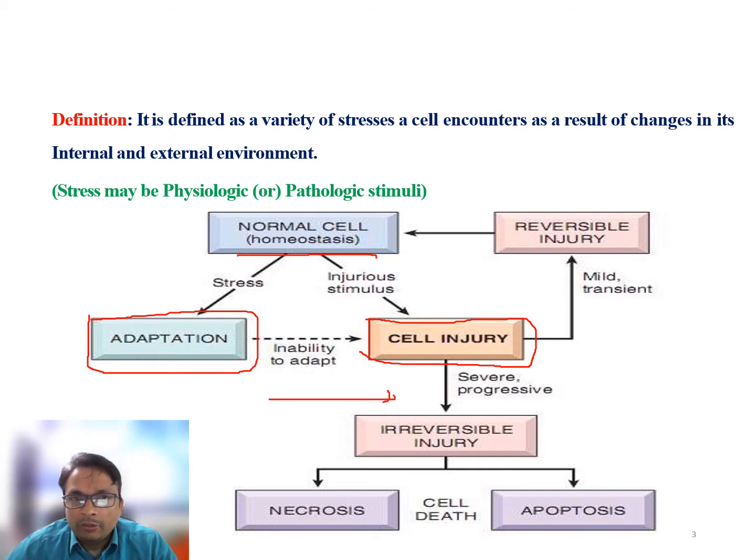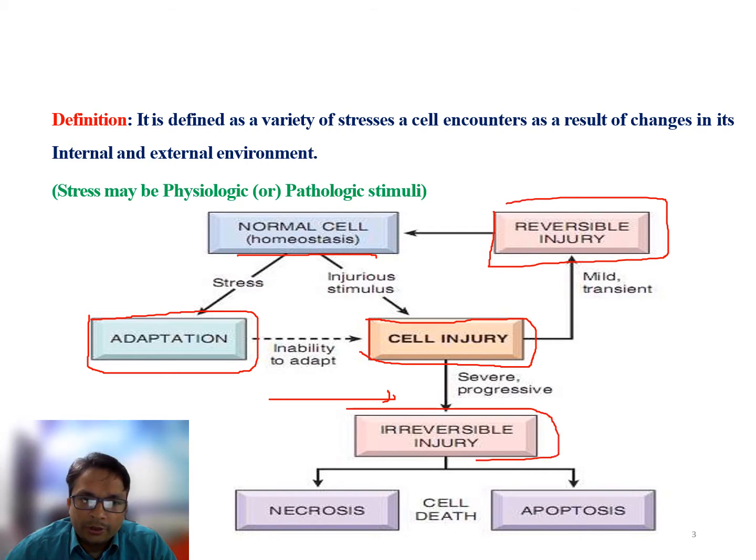Now, talking about the cellular injury, which we are going to see in our next presentation, there are two types of cell injuries. I will brief about it. One is a reversible cell injury, and another one is an irreversible cell injury.